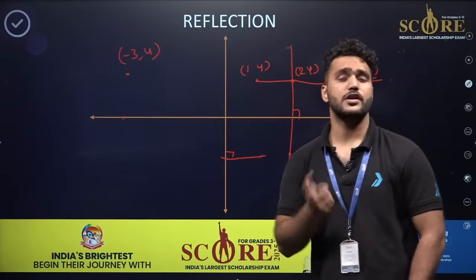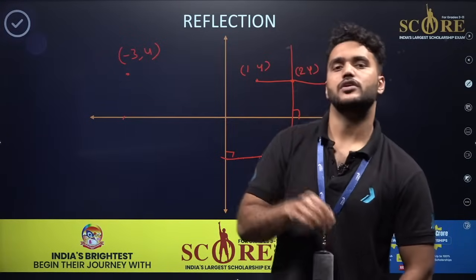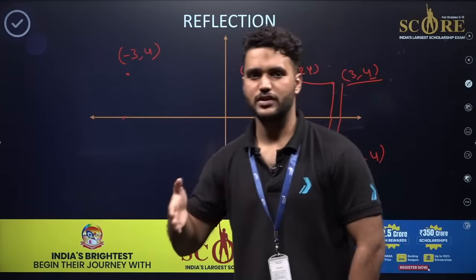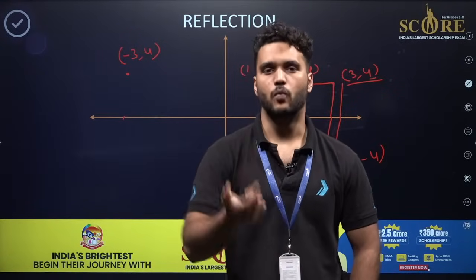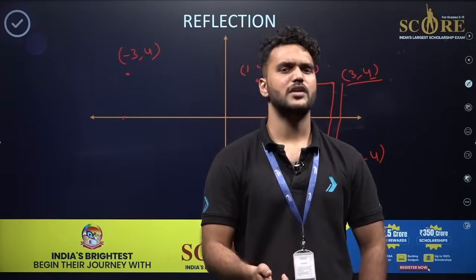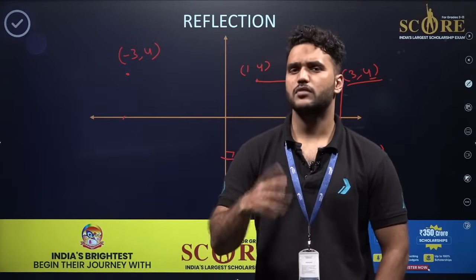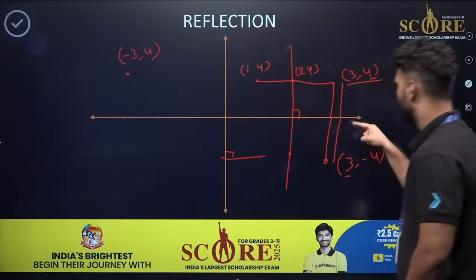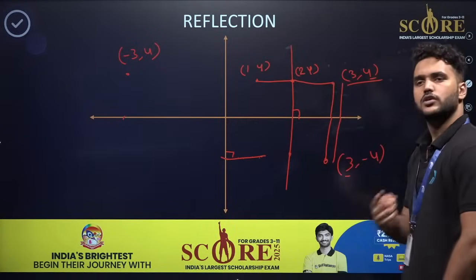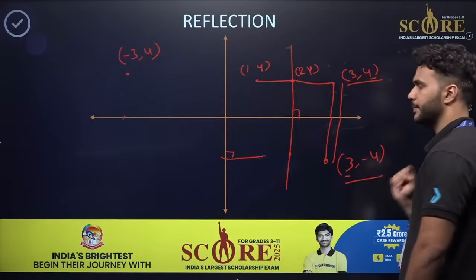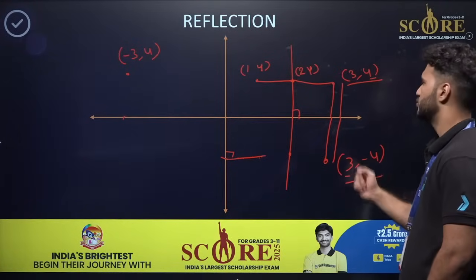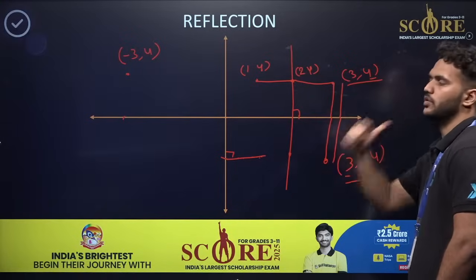Sir, your y coordinate will change. In negativity, it will increase. Like if you go 1 step downward, you will get -1. 2 steps downward, -2. And if I'm going 4 steps downward, you will get -4. So this will be the reflection of this point with respect to x-axis.